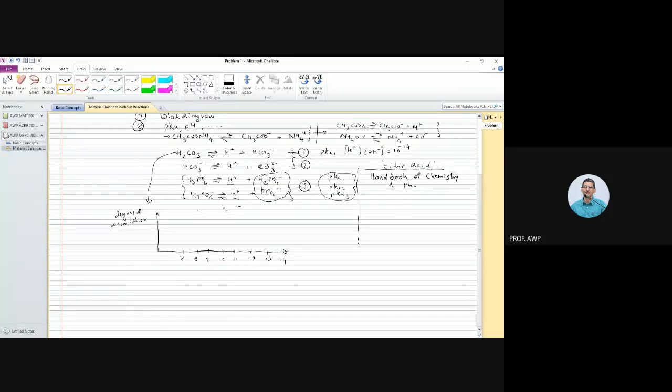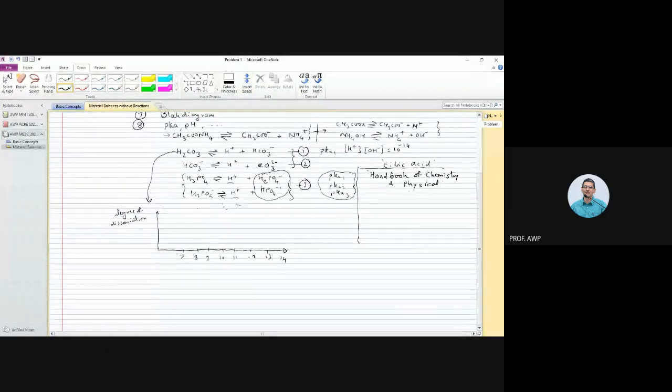It has data on a variety of constants that are commonly used in chemistry and physics. So these are dissociation constants. It's a very big book, and one of the sections in one of the chapters is related to the values of pKa1, pKa2, pKa3 for different acids and different bases.